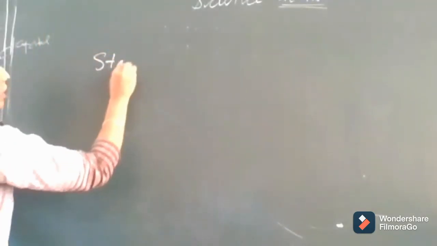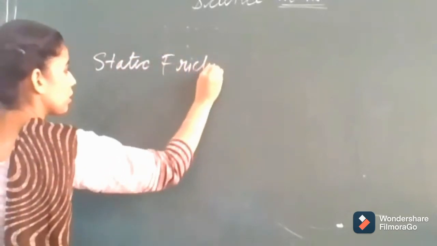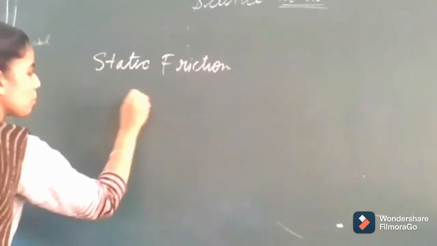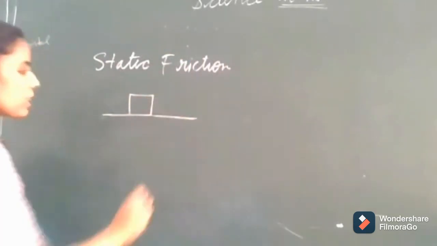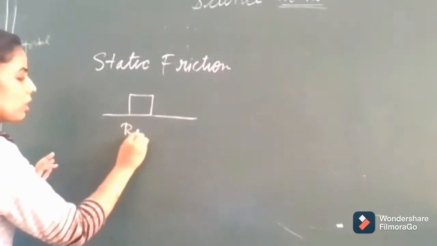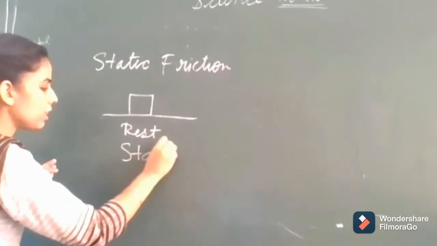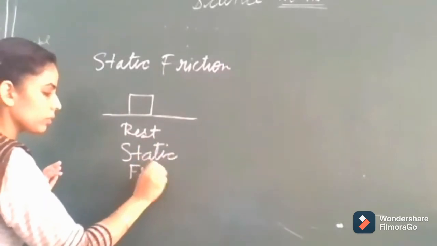For example, there is a box placed on the surface, and it is at rest. So the friction that will act on it is the static friction. Clear?